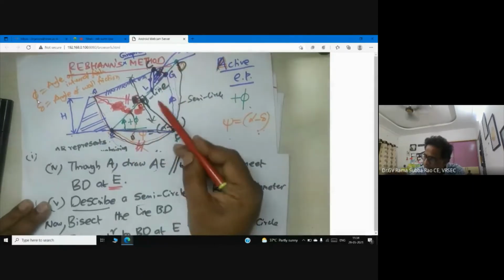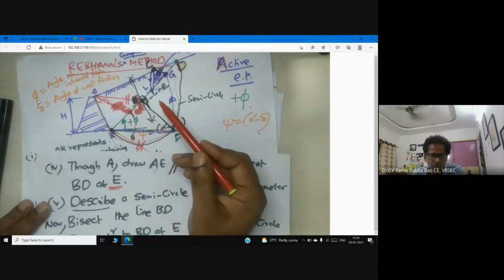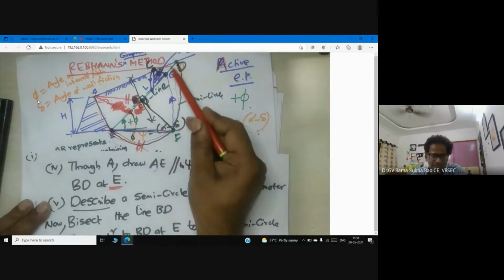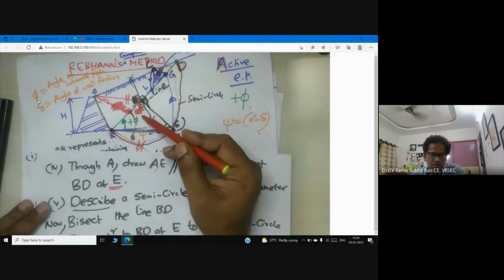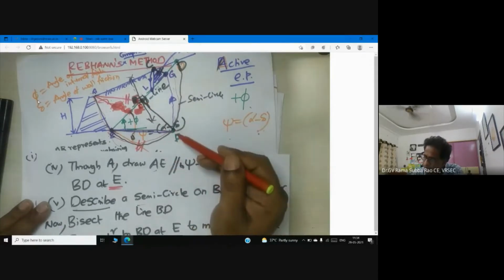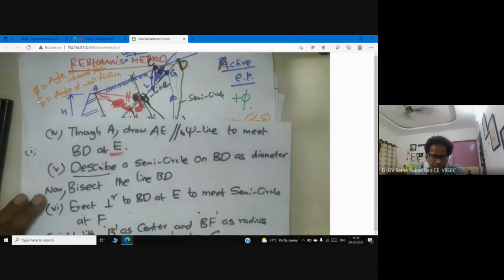Now you have E. What you have to do now is bisect this line, that means divide it into 2 parts. Then you will get the line through E, and now we are getting point F. Erect a perpendicular to BD at E to meet the semicircle at F.